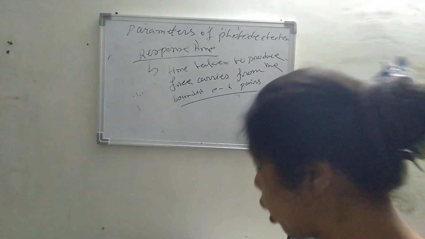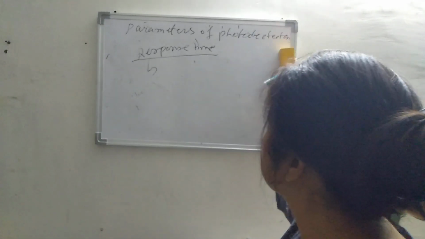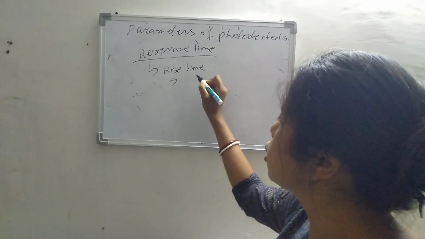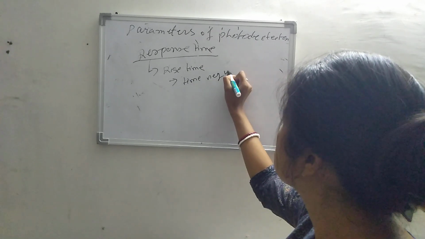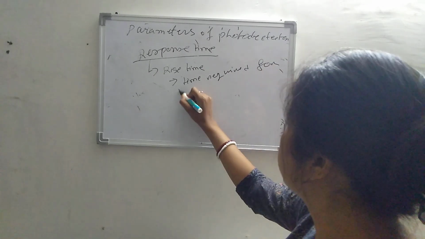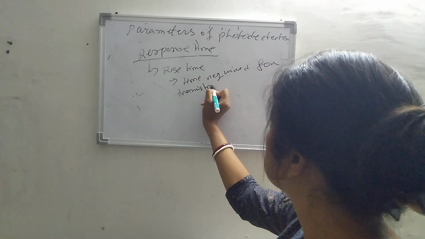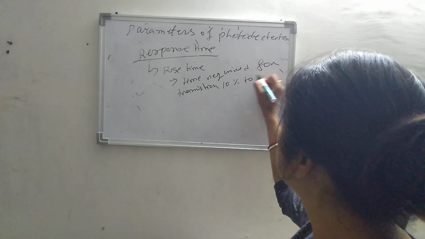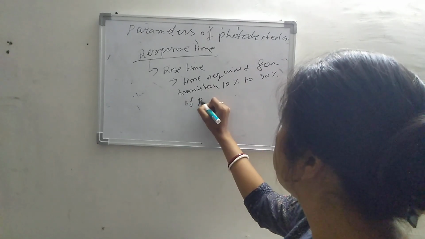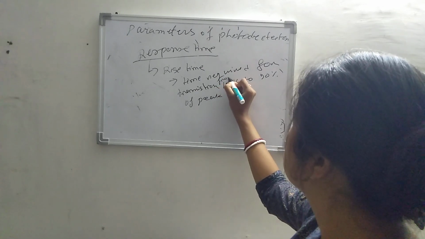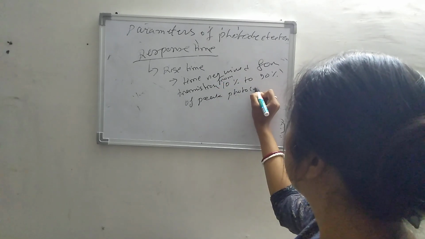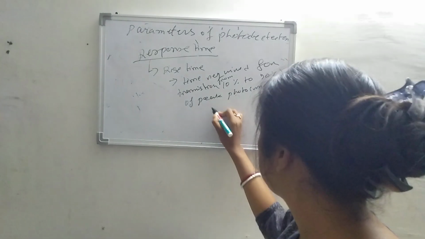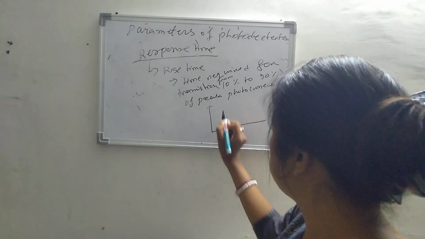So how can you calculate the rise time? Rise time is the time required for transition from 10% to 90% of the peak photocurrent.